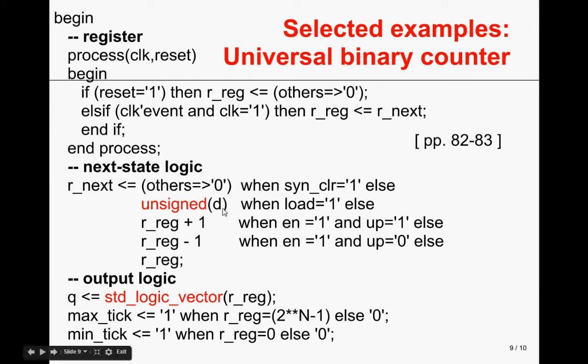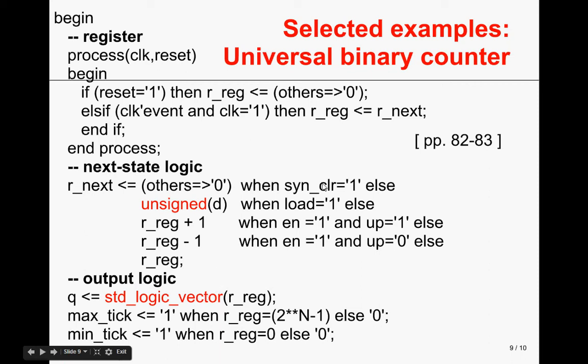If we want to allocate the inputs to the r_next signal, then we have to convert from standard logic into unsigned. And likewise, when we want in the output logic block to allocate to the outputs Q the current values of our r_reg, we have to convert from unsigned into standard logic vector data type.